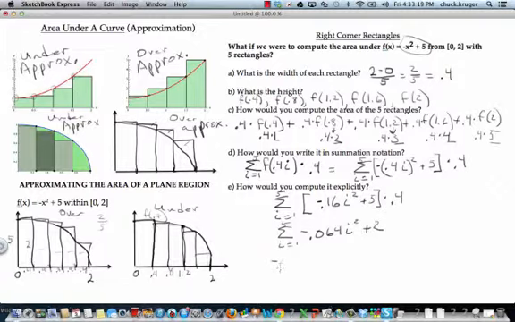I can have negative 0.064 times the summation of i equals 1 to 5 of i squared, plus the summation of i equals 1 to 5 of 2. Well, this one's pretty easy. It's just 5 2's, which is 2 times 5, which is 10.